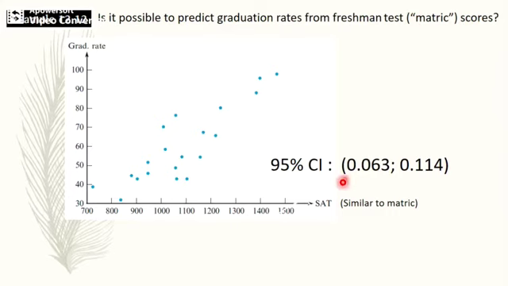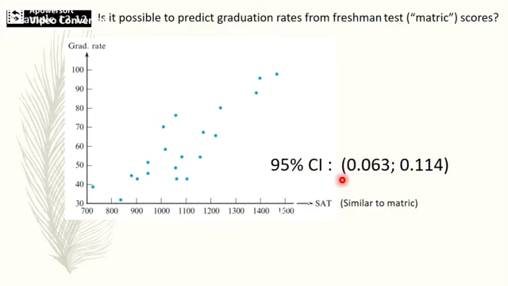In America, they would write SATs, but here, before we go into university, we write matric. So now suppose you have this data. There are a number of different universities plotted here, and for each university they plotted, let's say, our matric scores and then the graduation rate as a percentage.